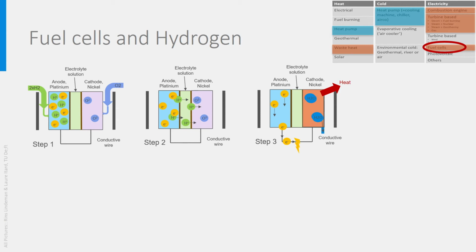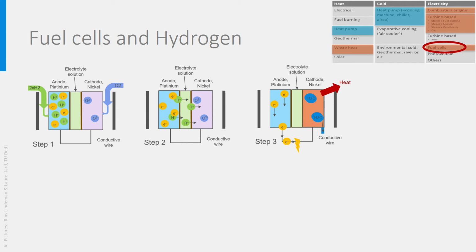There is this electrolyte solution in the middle that allows only positively charged ions like H+ to travel, while the oxygen ions are confined at the cathode as they cannot travel through the electrolyte. So the hydrogen ions that are very attracted by the negative ones travel to the cathode, which brings us to step 3.